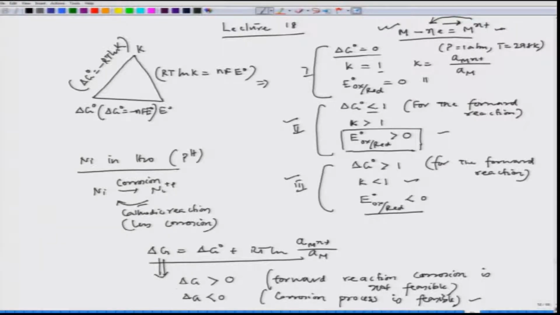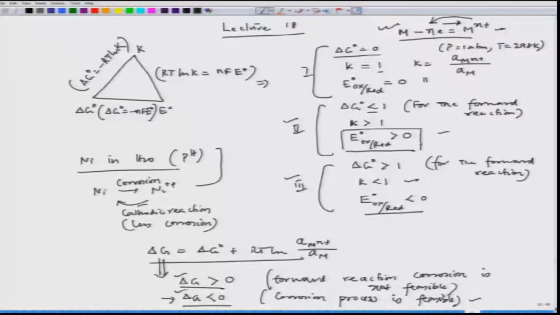Now, our interest would be to find out, with the data set we can generate, whether this is greater than 0 or less than 0 at that particular condition. In order to know this, we have to have a numerical problem, and then we would be really clear that if we have this condition, that means this is the pH level, this is the temperature, this is the pressure level, then we can decide whether a particular metal would corrode in that particular solution.